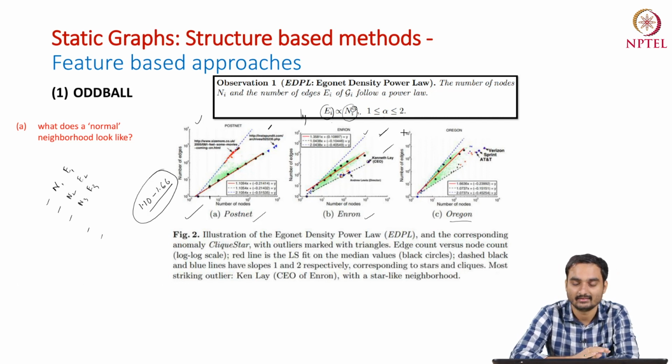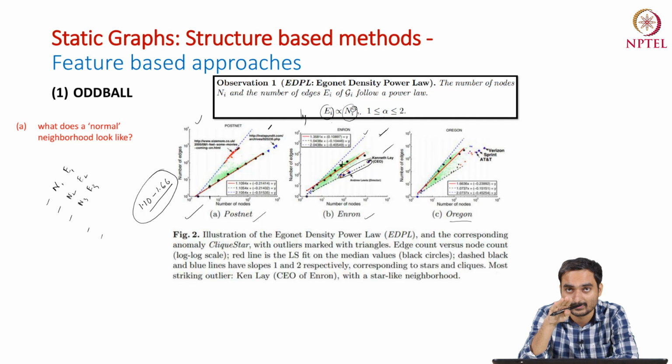What they said is that entities which are here, which fall even below the slope 1 or just above the slope 1, are of a star-like structure.